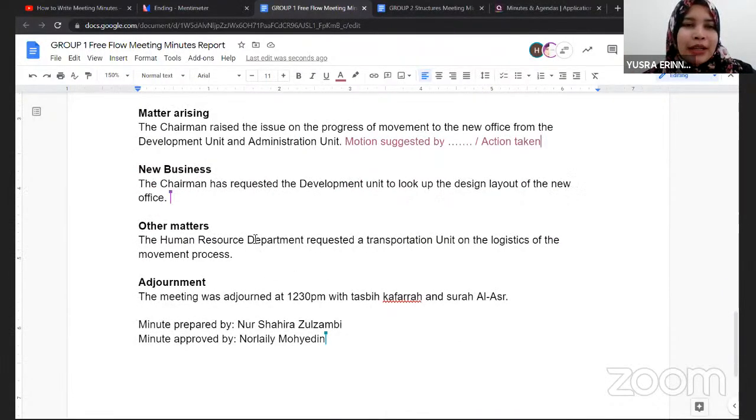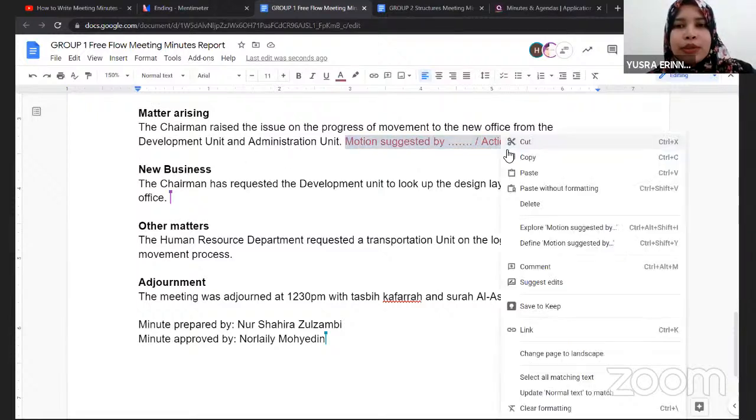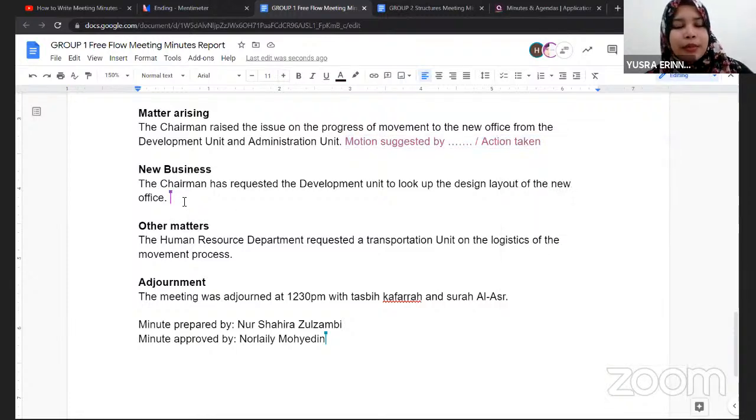New business. The chairman has requested the development unit to look up the design layout of the new office. This one is the same. It means that if there is new business, someone must do something.